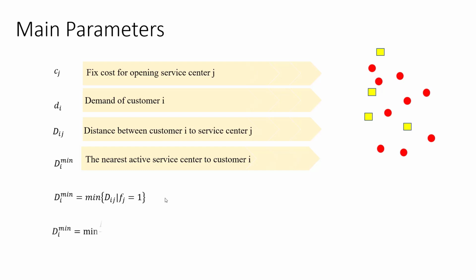Mathematically speaking, dmin i is the minimum of all dij divided by fj. So if fj is equal to 0, dmin i would be infinite, so it wouldn't be accepted, it's just rejected. And if fj is equal to 1, we just determine the minimum distance between i and j.